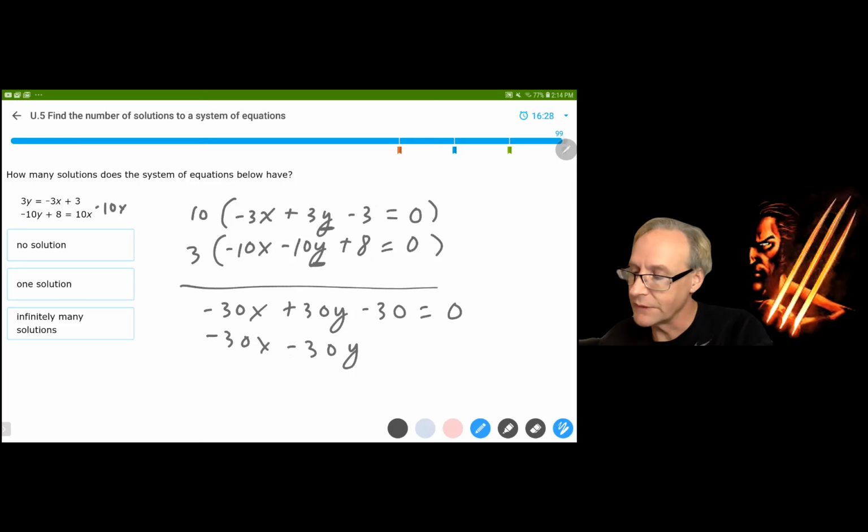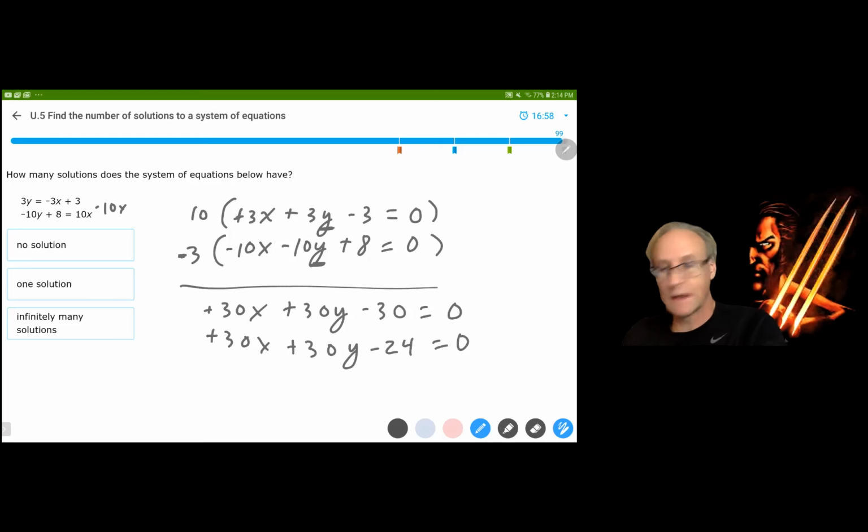Oh, this should have been a plus 3x. I'm sorry, guys. My bad. There it is. I don't know what I was thinking. Anyway, that's a positive 30x. And then to get them the same, I need to multiply by negative 3. I'm sorry, guys. I had a sign error there. Anyway, that's a positive 30x, a positive 30y, and a negative 24 equals 0.